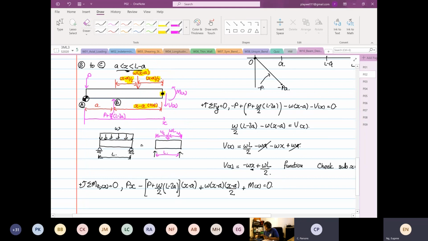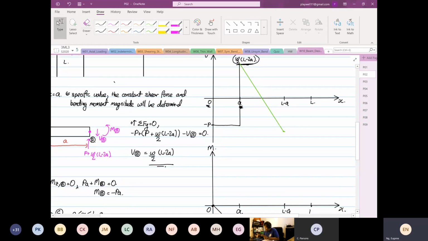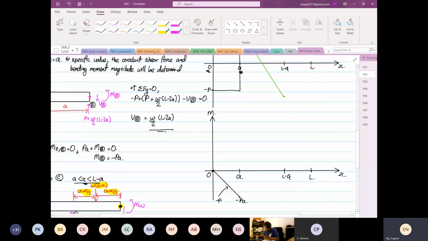Yeah, I know that by just adding you get the area, like P times a, you get your magnitude, yes or no? You only know at one point. But we are forming the equation where I can know at any point x what our bending moment magnitude is.